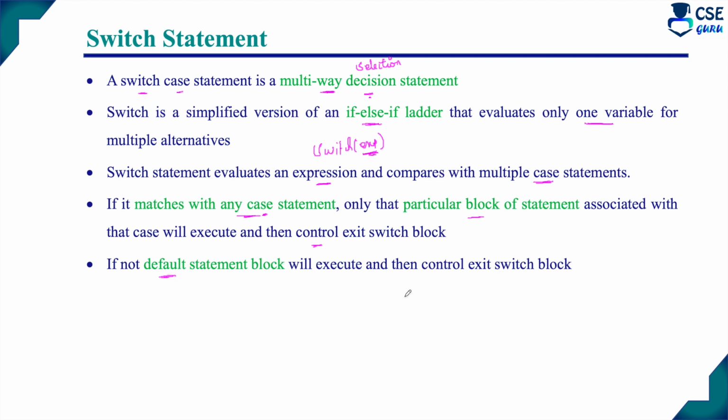After execution, control will exit the switch block. So any one of the case alternatives will execute, or the default statement will execute. Otherwise, it will match with any one of the case alternatives. So this is nothing but the switch statement or multi-way selection statement.